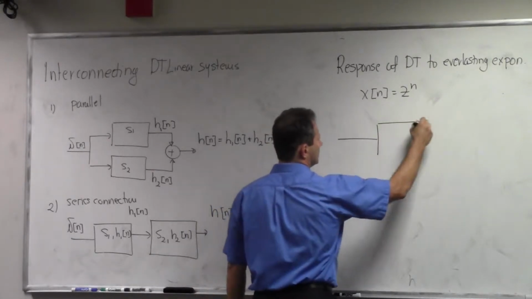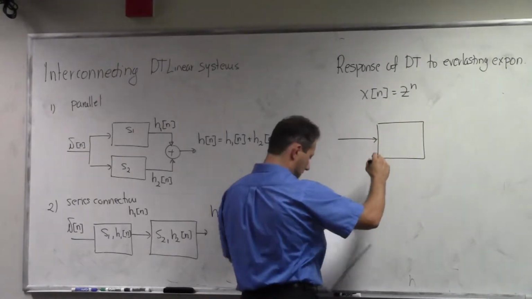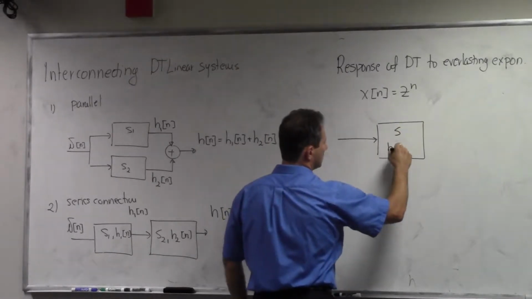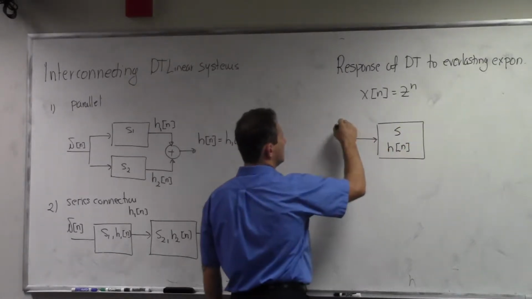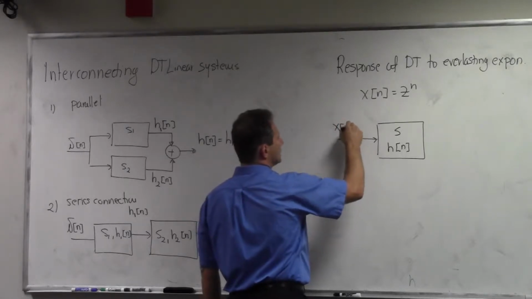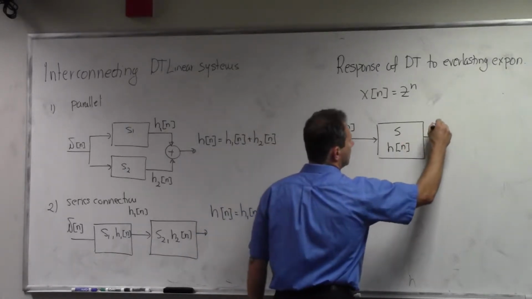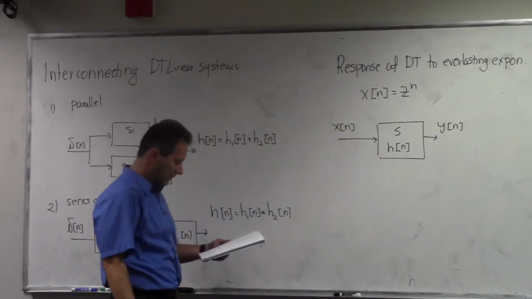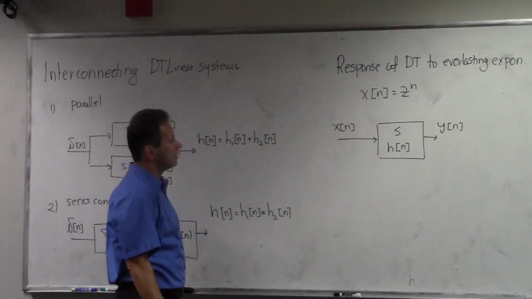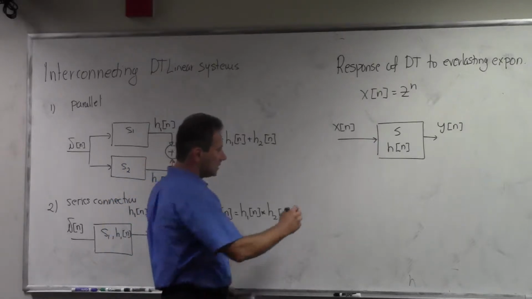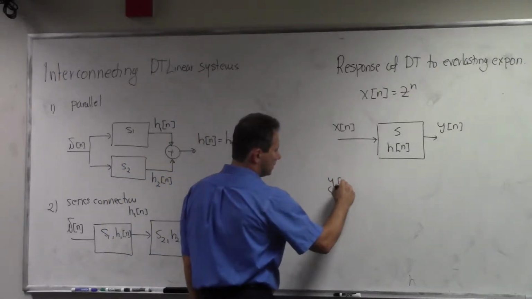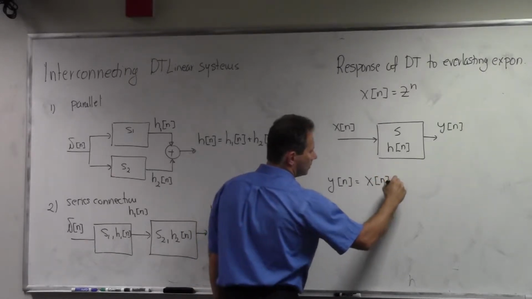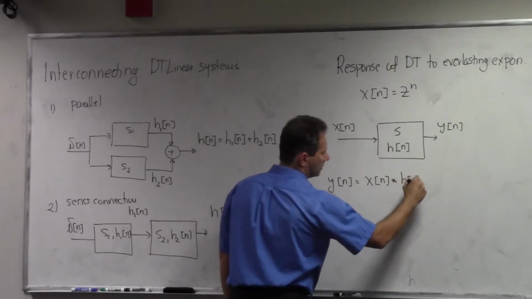So I have a discrete time system here that comes with a certain impulse response, and then I'm putting here x of n, and I'm getting output y of n. What we know from what we have covered so far is that y of n has to be x of n convolved with h of n.